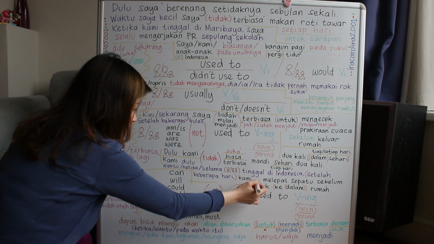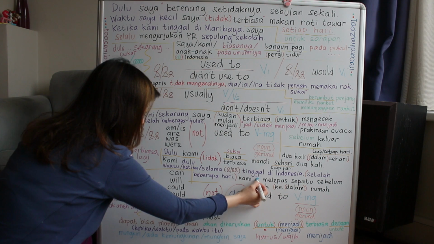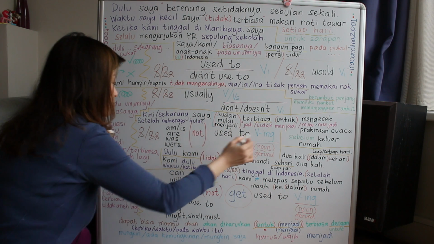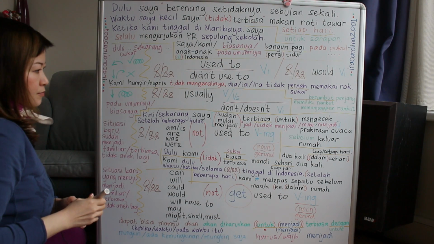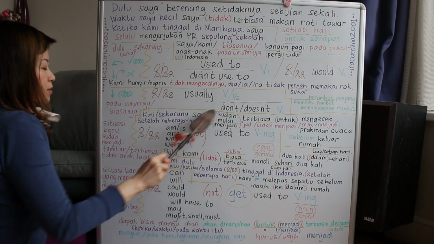For this dot, we can use the word. You can choose it from the words that we use here. Can use this or here.